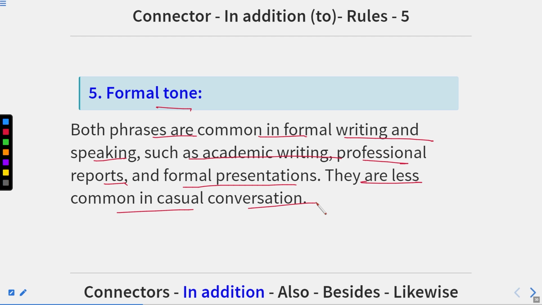Because whenever we just communicate informally with our friends, we use simple words and simple speech, and there are many substitutes for these phrases. Whatever phrase comes to our mind at the time of speaking, we use that. So we use these phrases a smaller number of times.